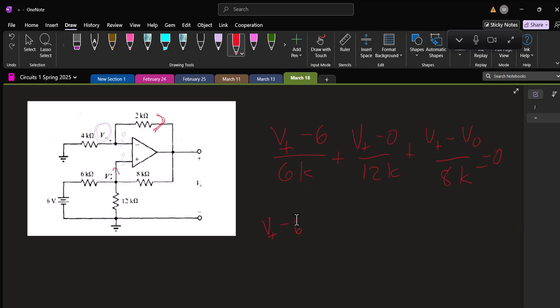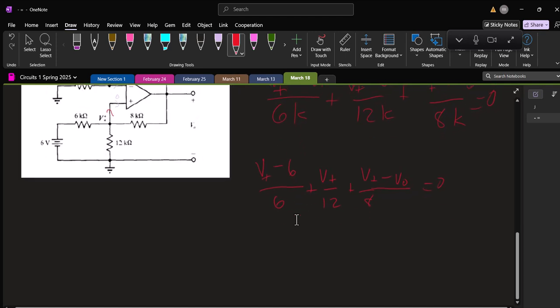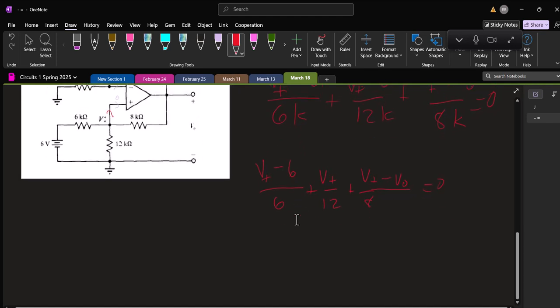I can multiply through by 1,000 and get rid of the K's. I can make the numbers a little smaller by multiplying through by 2.